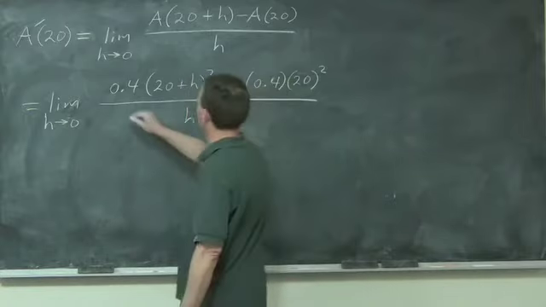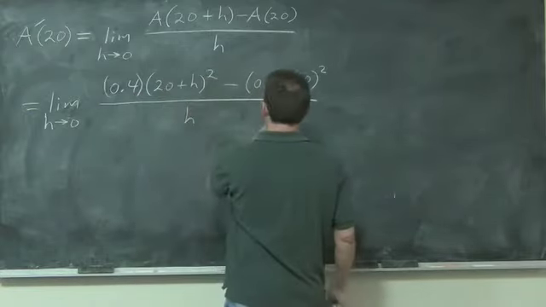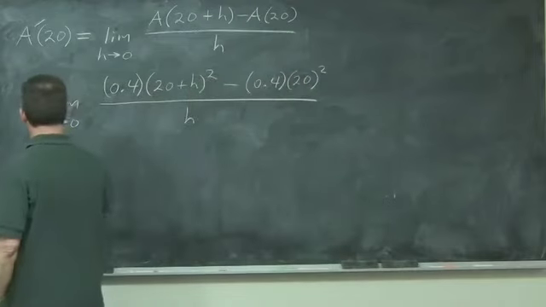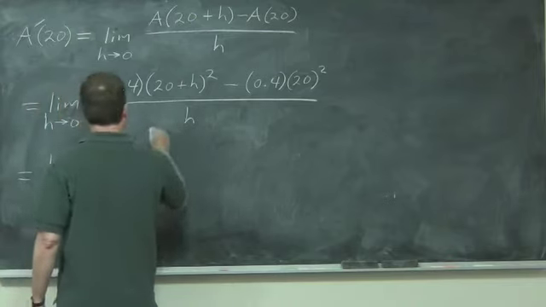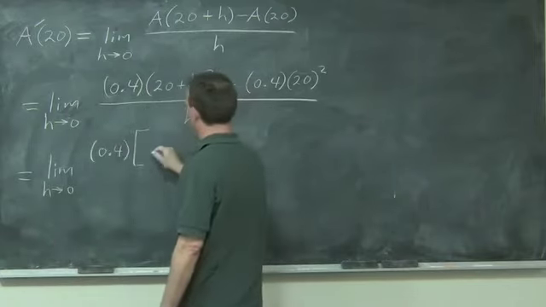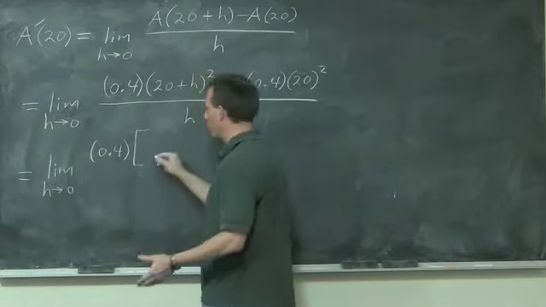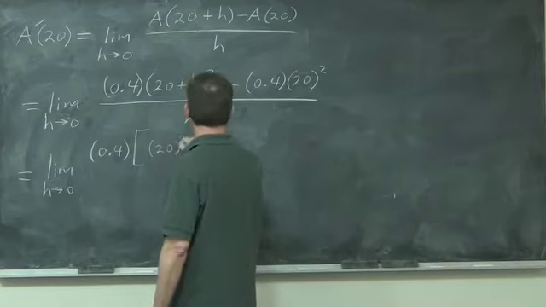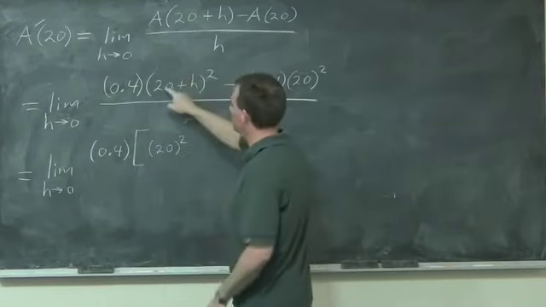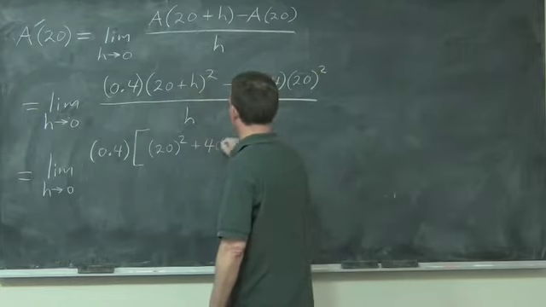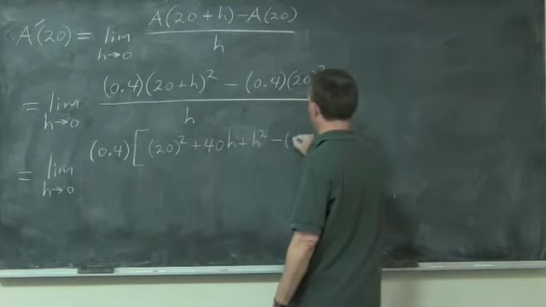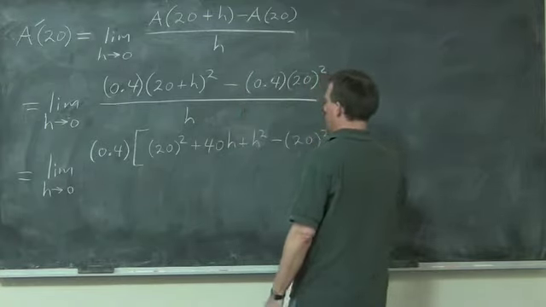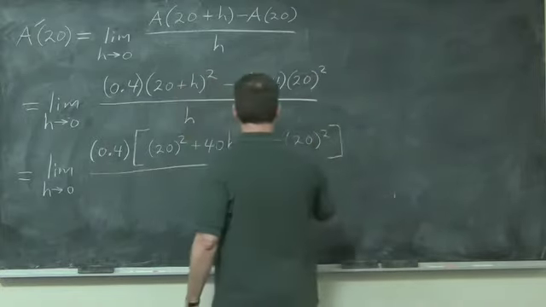Factor out the 0.4, square this, and we get the limit as h approaches 0 of 0.4 times, there's the 20 plus h squared, so that's 20 squared, which is 400, but in fact, we don't even need to square it because it's going to cancel with this squared, plus 2 times this, so plus 40h, plus h squared, and then minus this 20 squared. We factored out the 0.4, all divided by h.